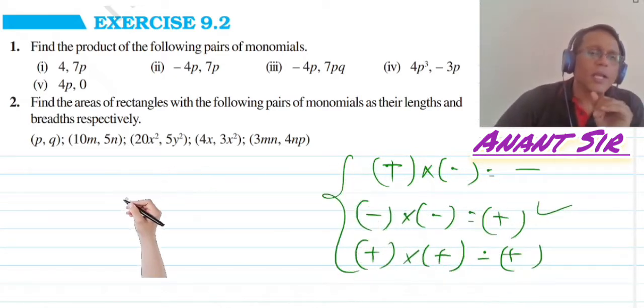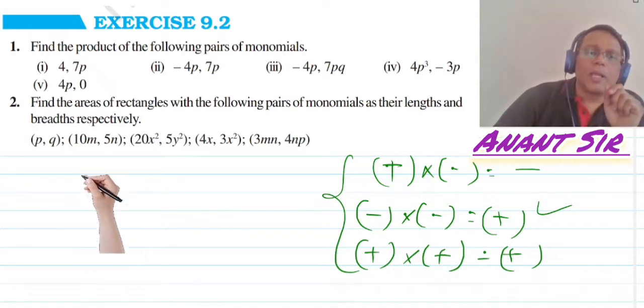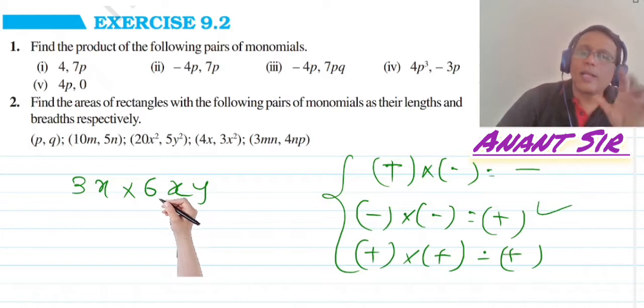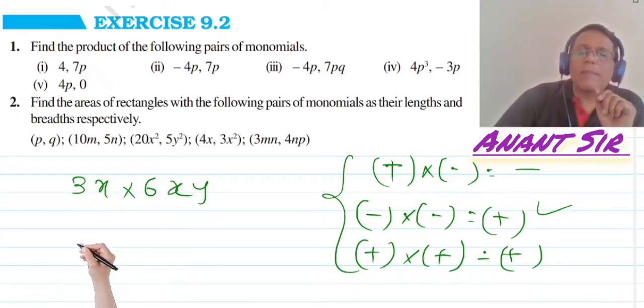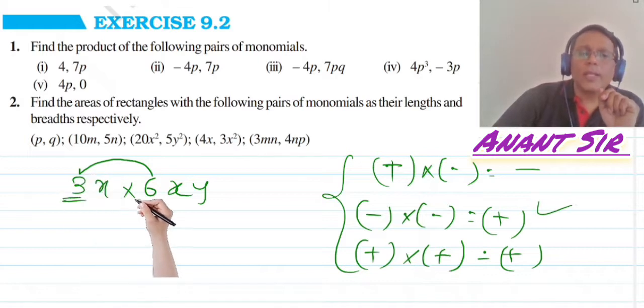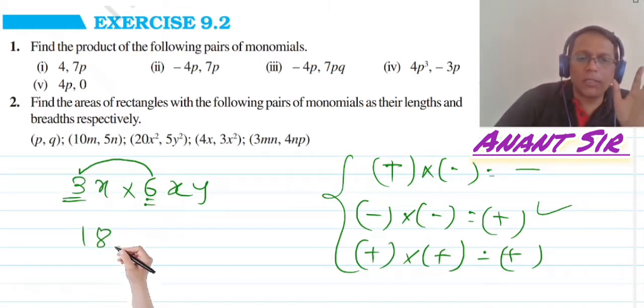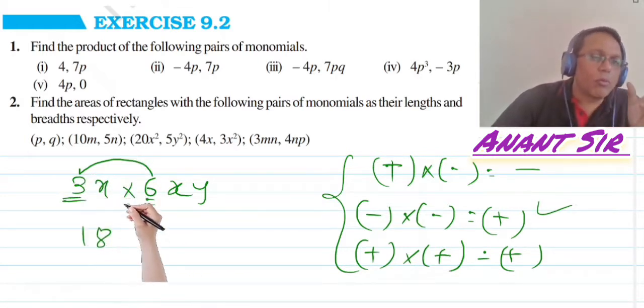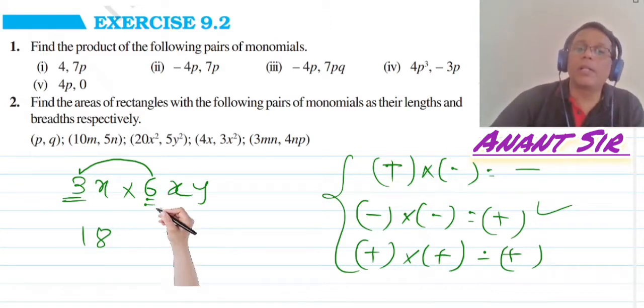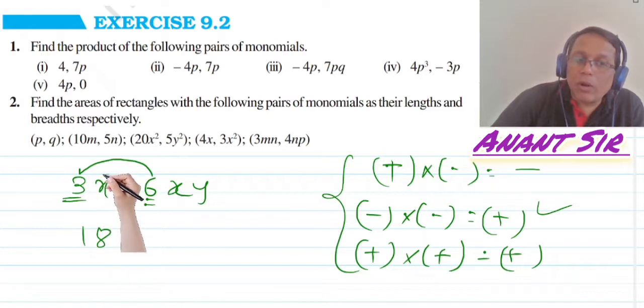Another important thing is how we multiply two terms like this. If we are multiplying the two terms, we multiply the numbers: 3 and 6, 6 times 3 is 18. And for the variables, we add the powers.